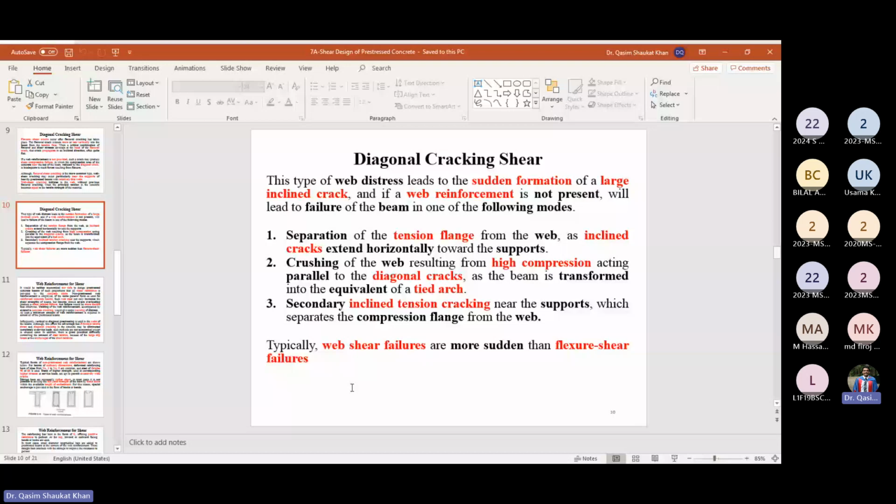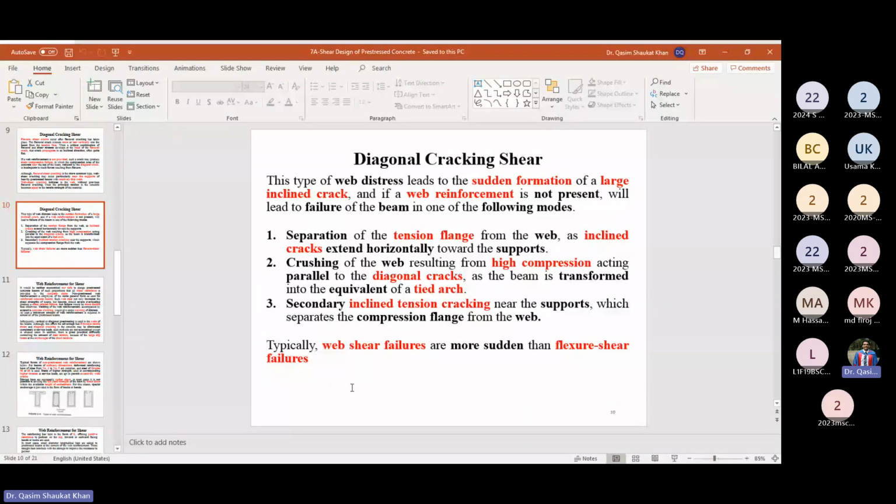As we know from structural mechanics concepts studied in undergraduate classes, shear stresses are maximum at 45 degrees to the horizontal.